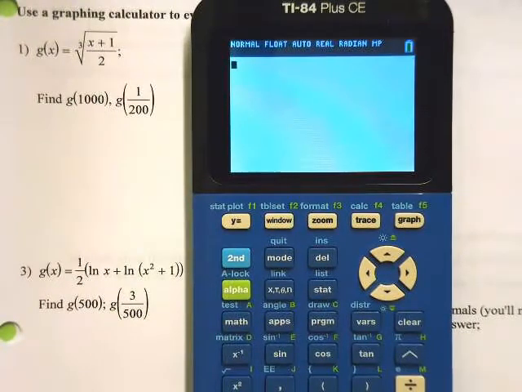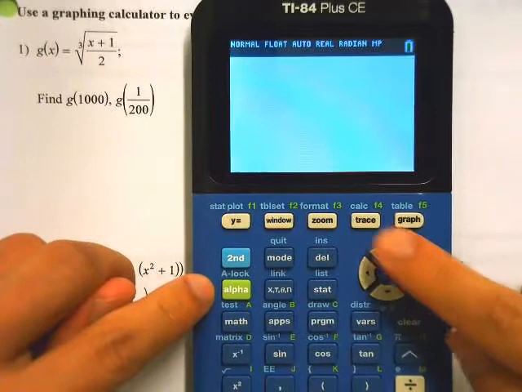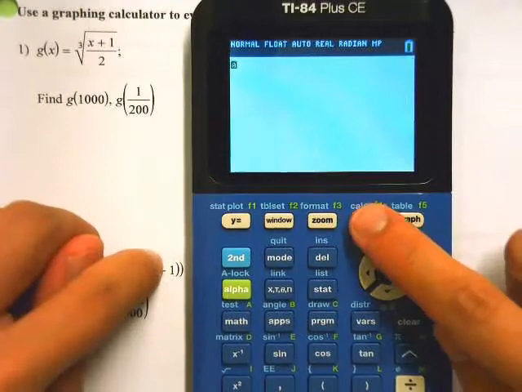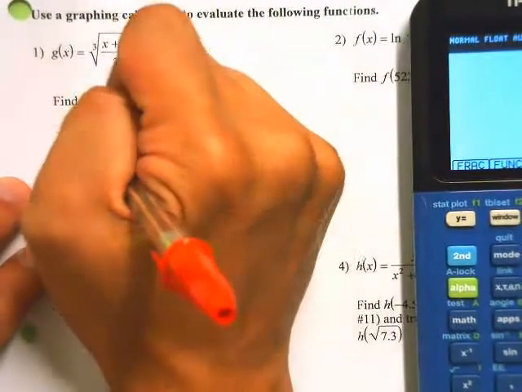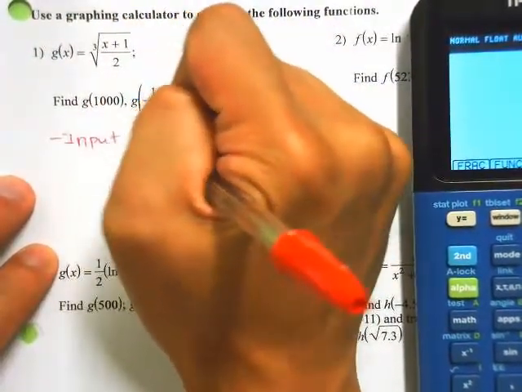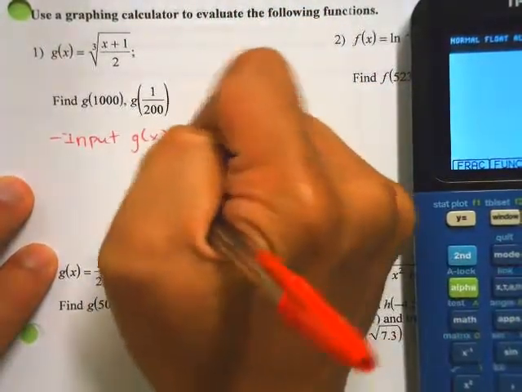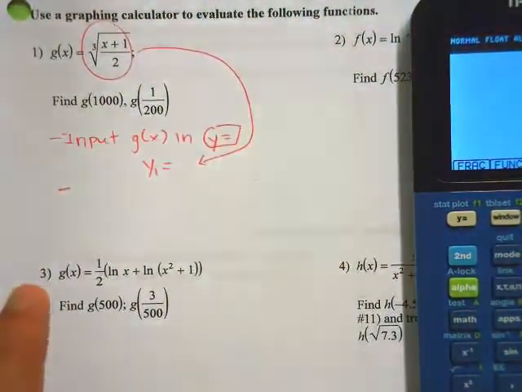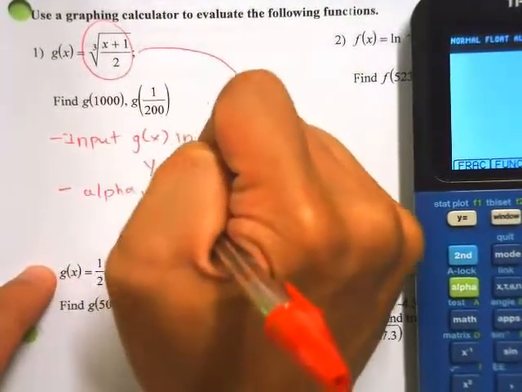To do g of 1,000, there is a small shortcut: alpha, trace. I'll do it again one more time. Alpha, trace. If you need to write it down, here are the steps. Input g of x in the y equals, in y1. Then press alpha, the green button, and then trace.